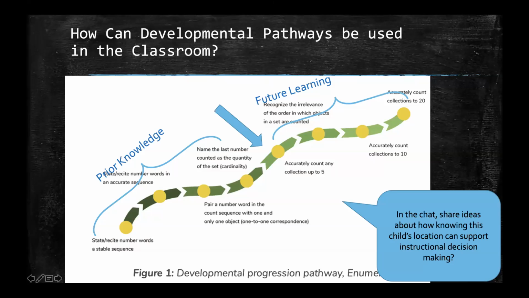Okay, so great question and point of jumping in. You're right, the phrase instructional decision making is a formal recognition of how teachers might use this. But if we were to use this in a play setting, we would still want to look at, for example, being able to accurately count collections up to 5, where the marker is now.